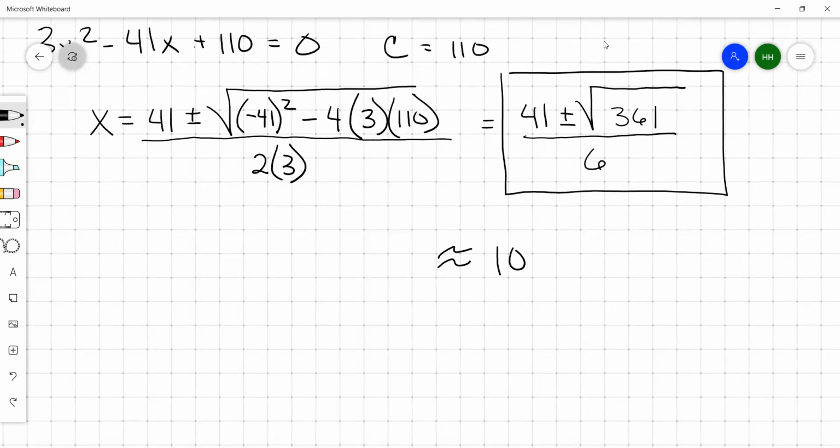Look, 41 plus square root of 361 equals, divided by 6 equals. You got 10. Perfect. So then you do it again, and instead of pushing plus right here, you push minus. So it's 41 minus the square root of 361 equals, divided by 6 equals 3.67.